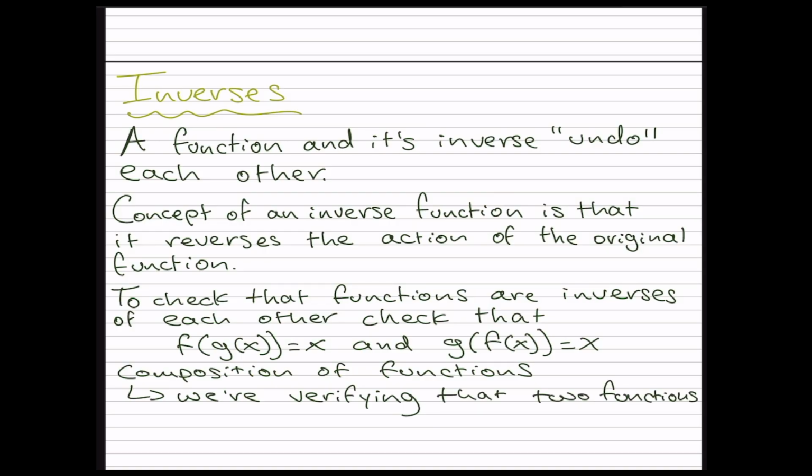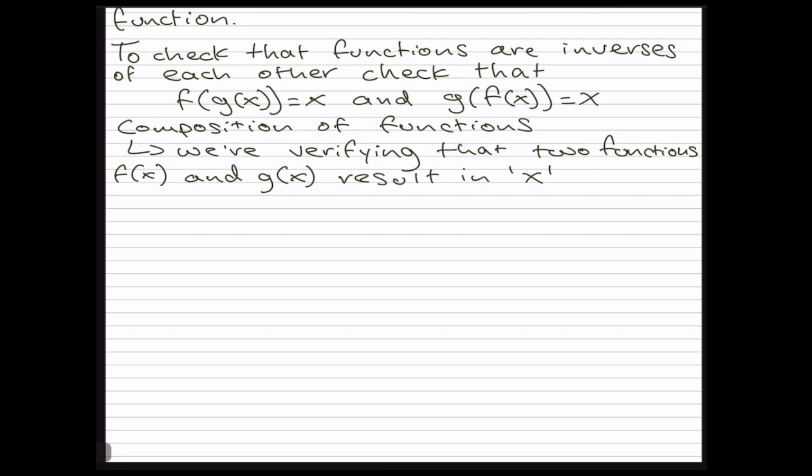So what we're doing is we're verifying that two functions, f of x and g of x, result in the x, which is the input. So what I want you to think about is, if you have a function f and you're trying to check that g is the inverse of f, what you want to do is apply that inverse to f, and it will result in the input, right?